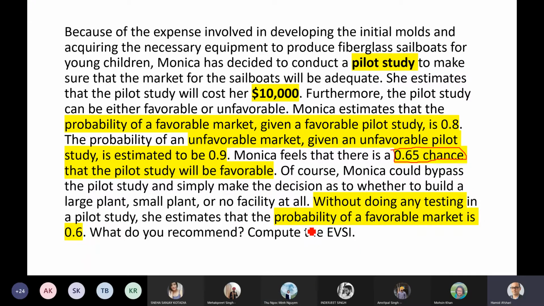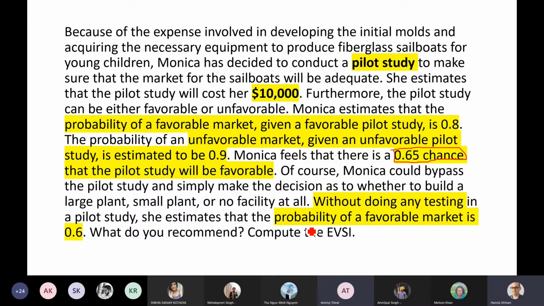Step number 3, states of nature. Exactly. Define the probability of the states of nature. Step number 4, calculate or estimate payoffs, with the alternatives.